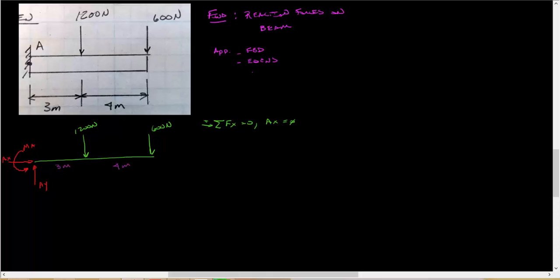Now if I sum my forces in the Y, I have AY, everything else is known. So AY minus 1200 newtons minus 600 newtons is equal to 0. So AY is going to be 1800 newtons.